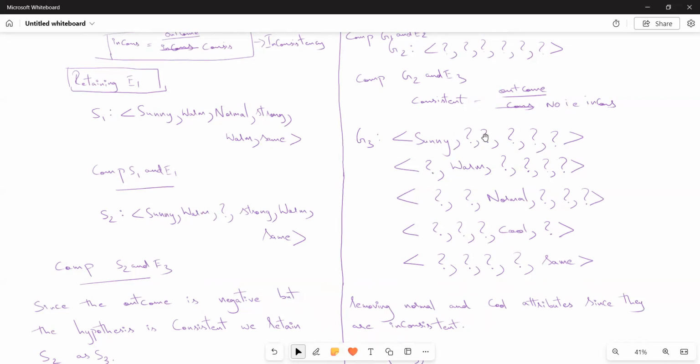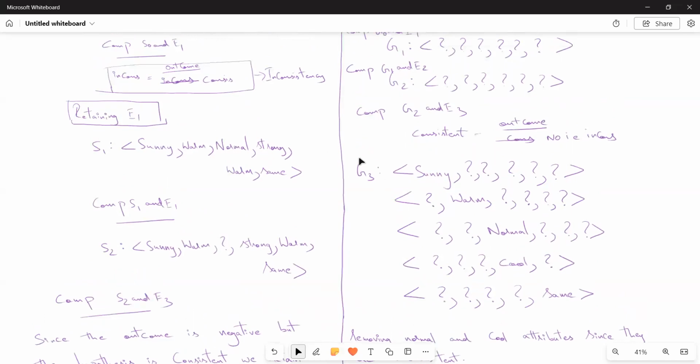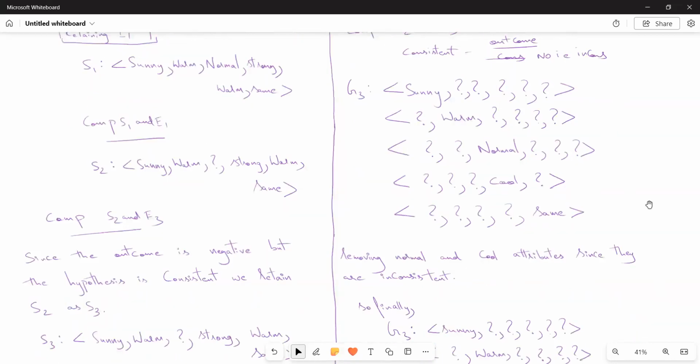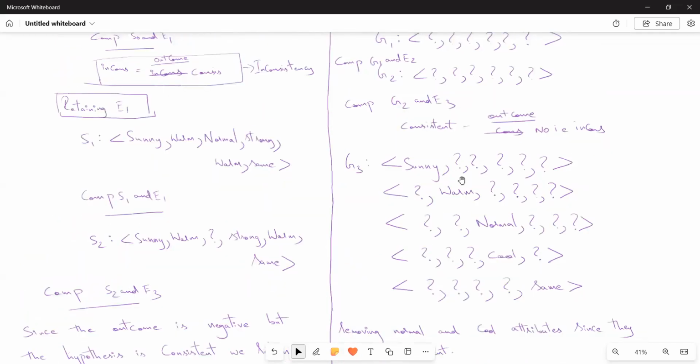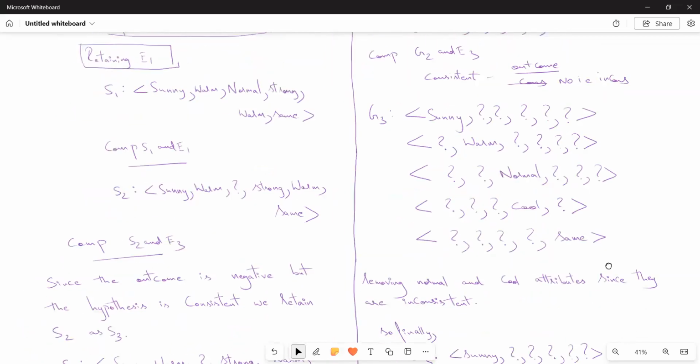Then we compare each specific value. If we are working with G3, we compare the specific value with E1, E2, and E3 to find the consistency and inconsistency, and the inconsistent attributes are removed. Let me tell it again: for sunny, warm, normal, we remove normal and cool.